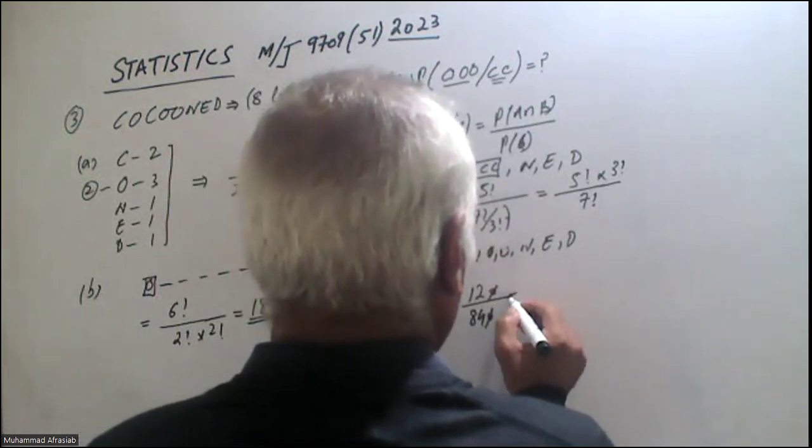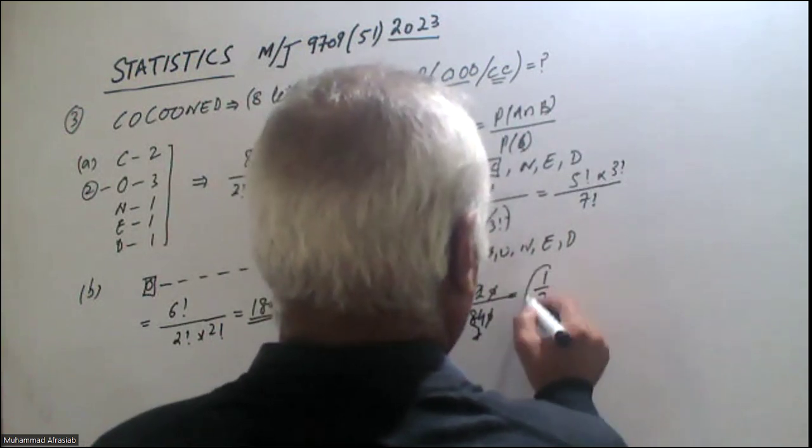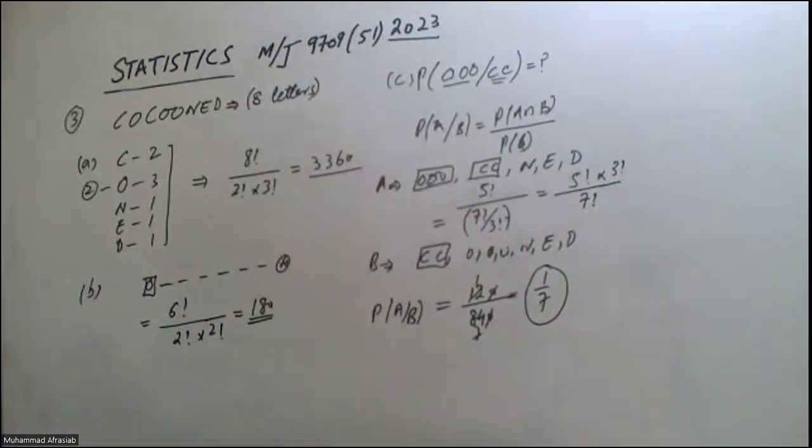This and this cancel. So the probability is equal to 1 over 7. That is the probability when all O's are together and all C's are next to each other. So we have made this option, and you can find out the solution of this problem number 3 of this topic of statistics.